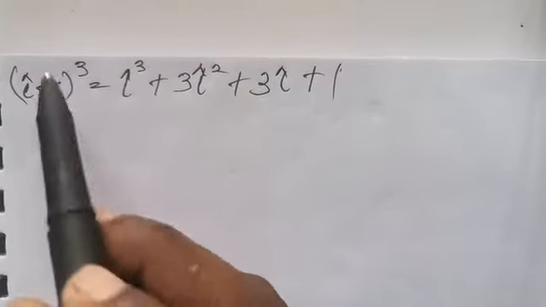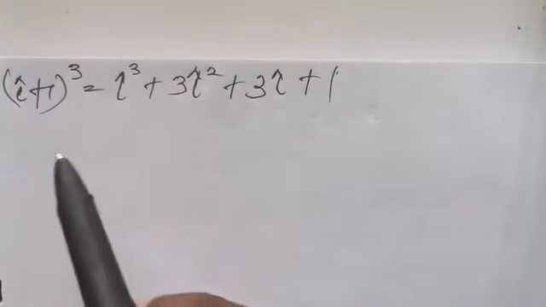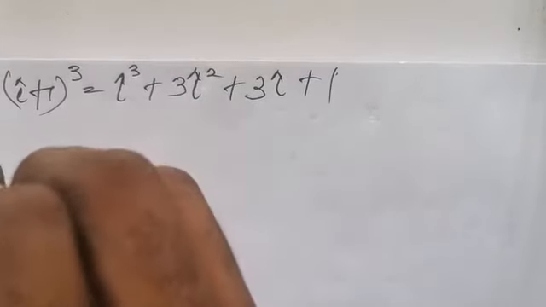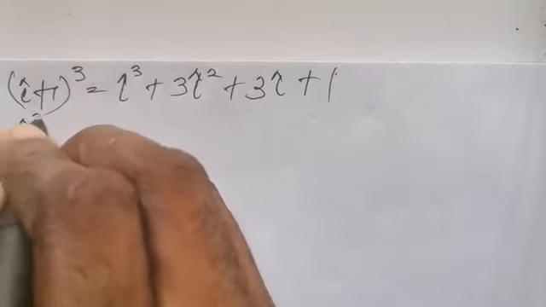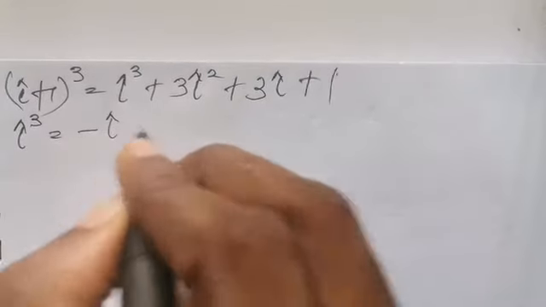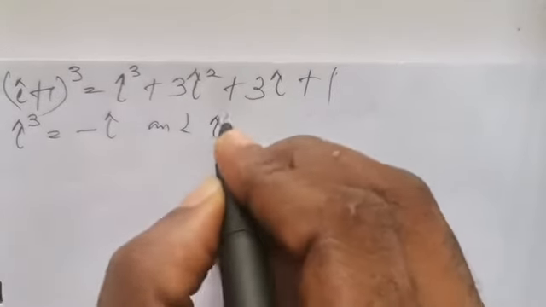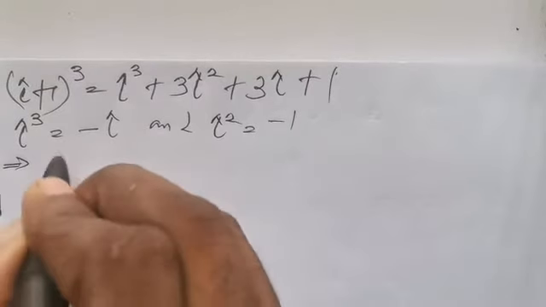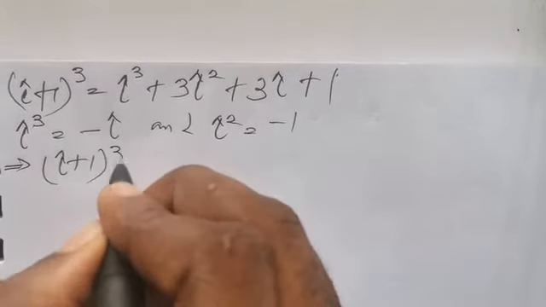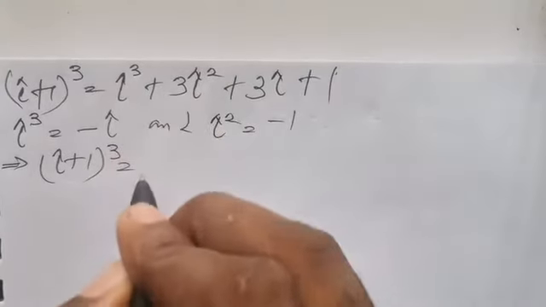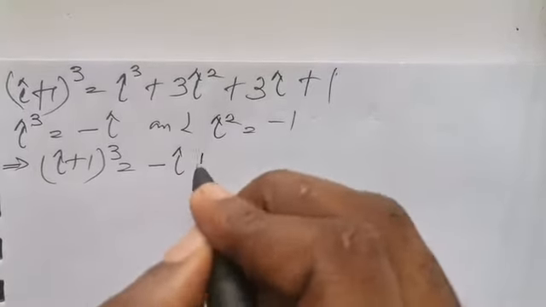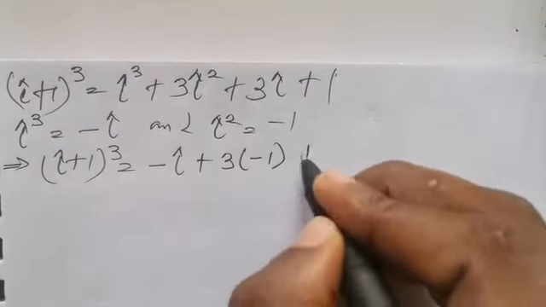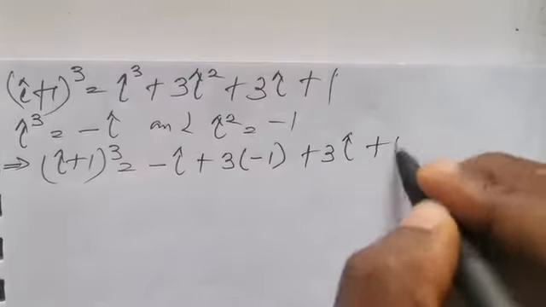So i plus 1 to the power of 3 simply gives us i cubed plus 3i squared plus 3i plus 1. Not forgetting, from complex number, i to the power of 3 is actually minus i, and i squared is actually minus 1. So i plus 1 to the power of 3 is equal to minus i plus 3 into minus 1, plus 3i plus 1.